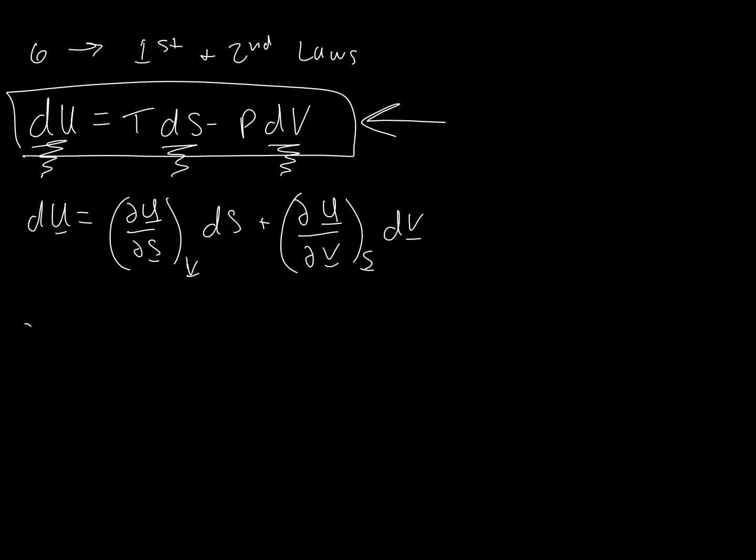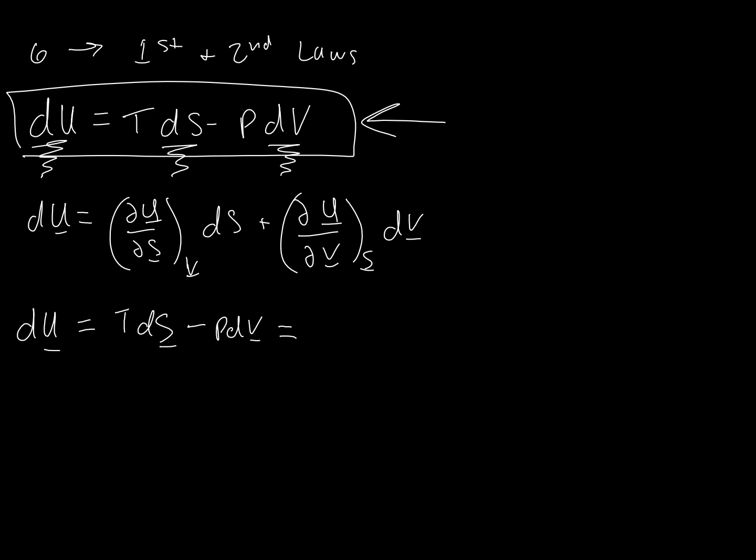So the ultimate goal was to derive essentially this expression here. We started off with TdS minus PdV, and put little underbars here. This expression is not helpful. It's great for starting derivations because it is the basis for all of thermodynamics.